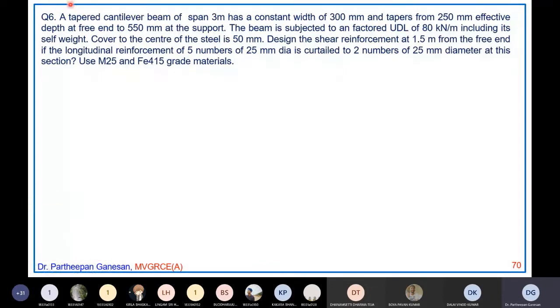So, a tapered cantilever beam of span 3 meter has a constant width. Width is constant, that is 300 mm, and tapers from 250 mm effective depth at the free end to 550 mm at the support. The beam is subjected to a factored UDL of 80 kN per meter, including its self weight.